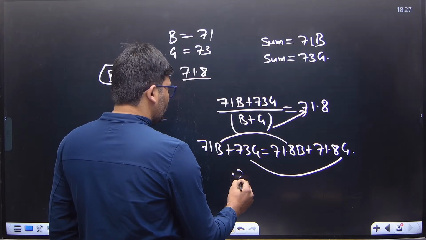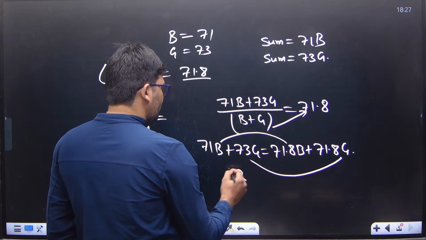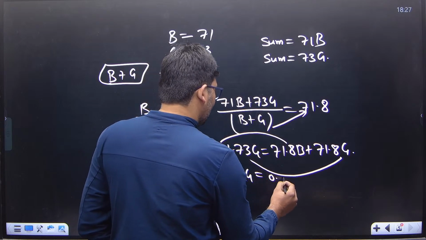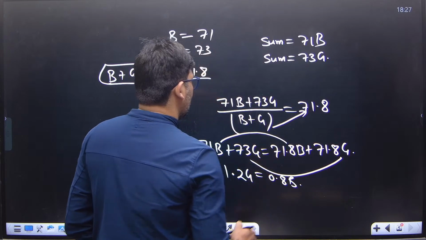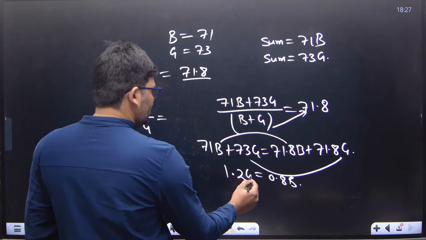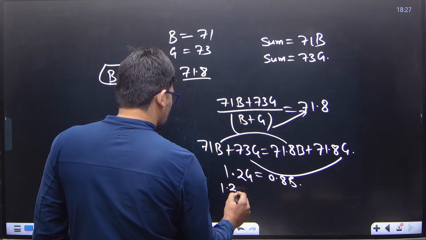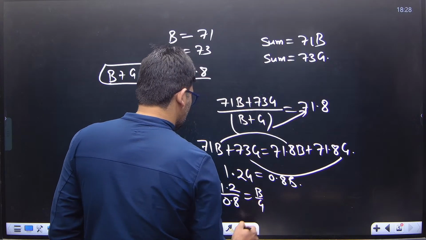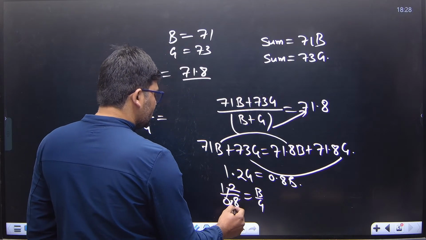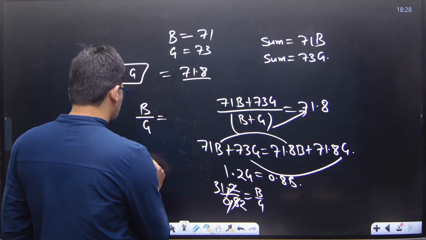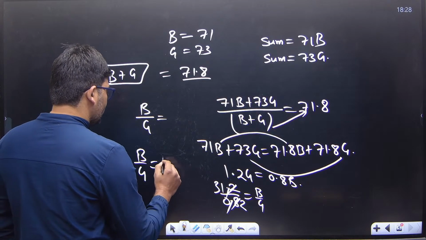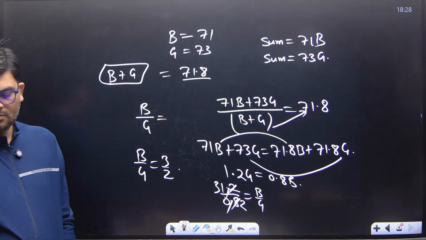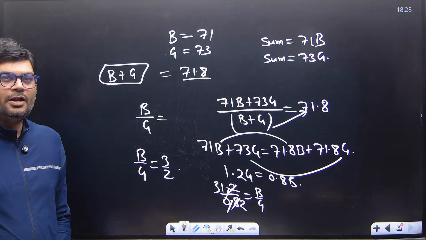So 1.2 G is equal to 0.8 B. You have been asked B by G, so we take G to this side: 1.2 by 0.8 is equal to B by G. Decimal and decimal will get cancelled out, 4 into 2, 4 into 3. So B by G is how much? 3 by 2. Are you getting it?